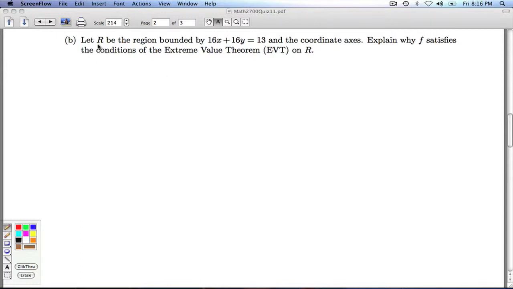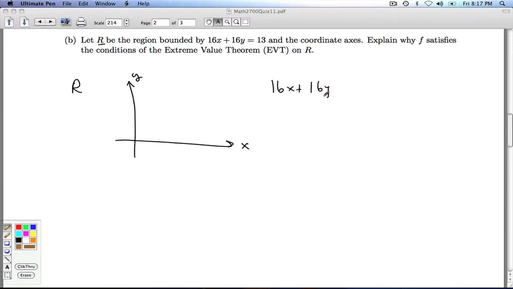Part B now gives us, let R be a region bounded by this line and the coordinate axes. Explain why f satisfies the conditions of the extreme value theorem on R. So let's draw a picture of R. There's x and y. So we have the line 16x plus 16y equals 13.